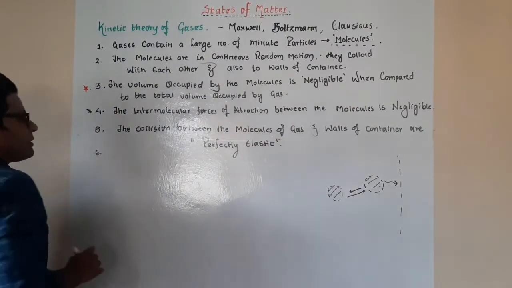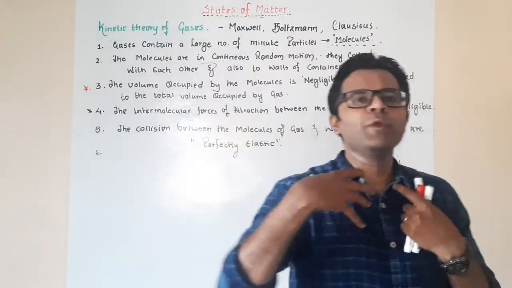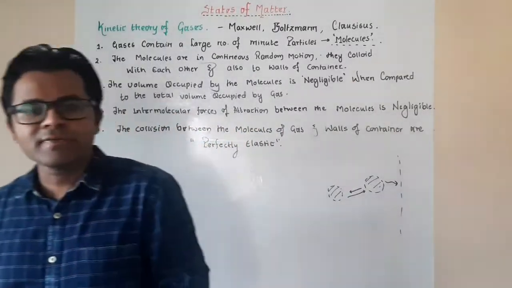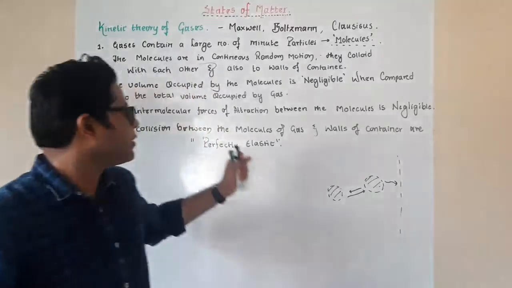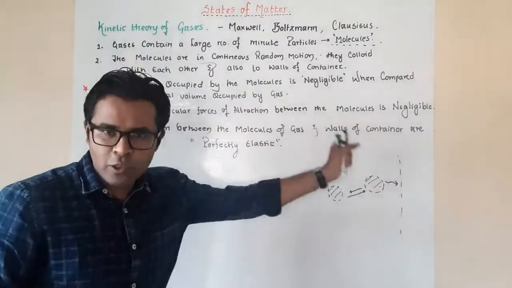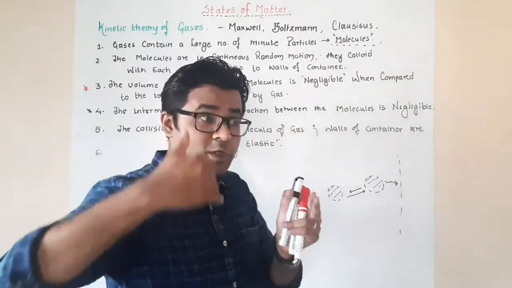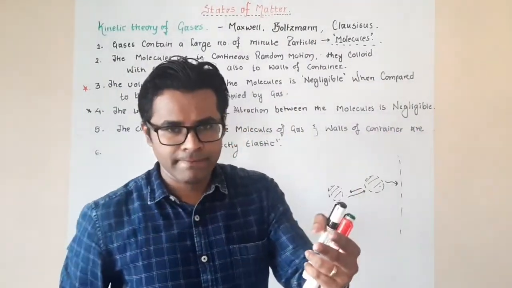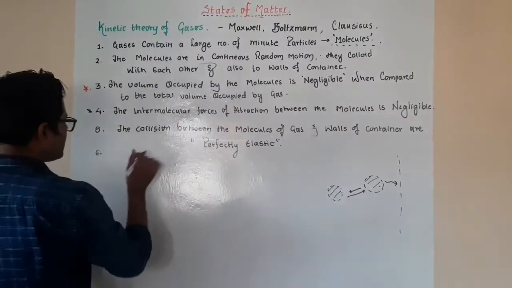Now I already told you the meaning of elastic. Elastic means there is no gain or no loss of energy. If the energy is transferred, the overall average amount of energy remains constant, and that is what they call perfectly elastic collisions. That is, a collision between either two molecules or between the molecule and the walls of a container remains absolutely elastic.